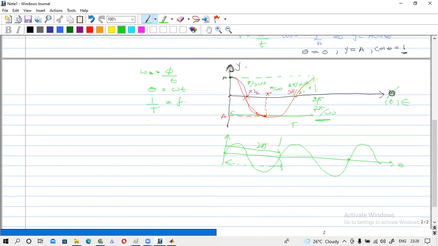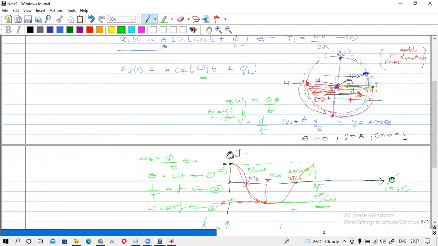This frequency and omega are related like this: omega is equal to 2 pi f. This is the first identity, this is the second identity, and this is the third identity. These three identities are valid for both cosine signal and sine signal.